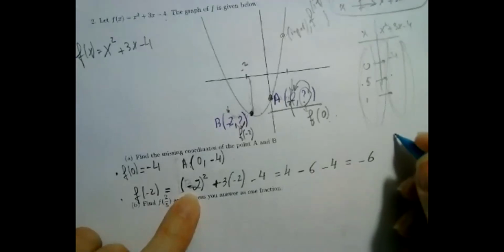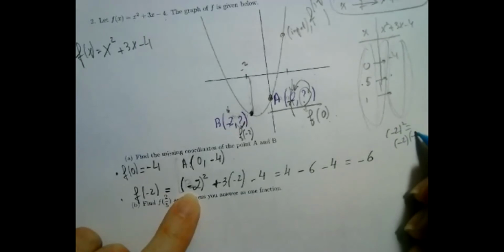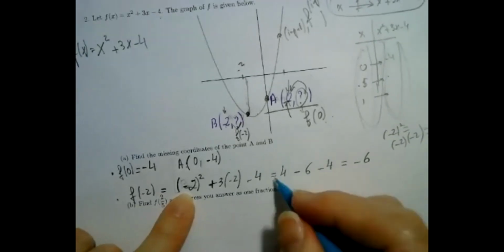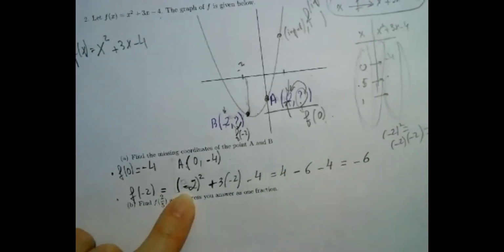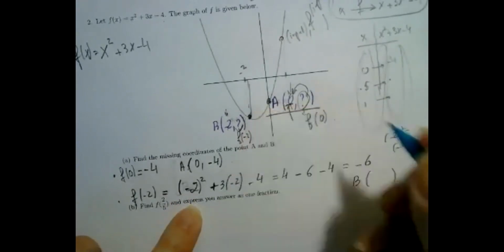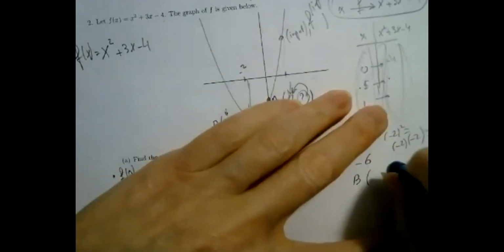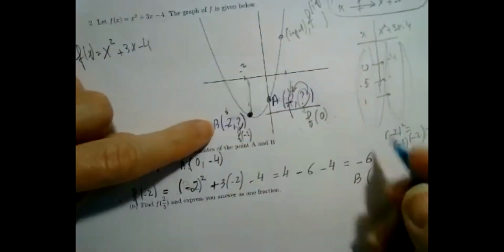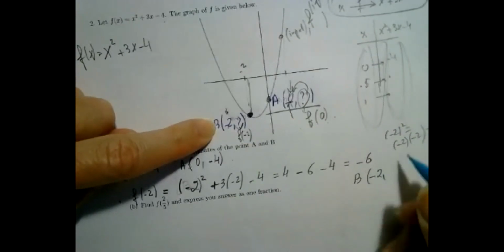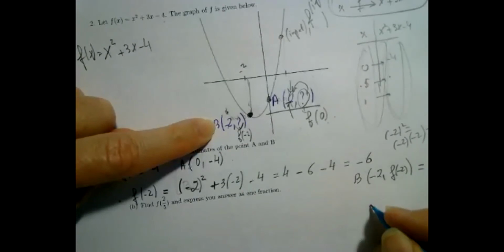Right? Because -2 squared is -2 times -2. Minus times minus, so it's going to give me a 4, minus 6, -6. So the point B is a point on the graph. What does it mean? It means if its first component is -2, the second has to be the output at -2.